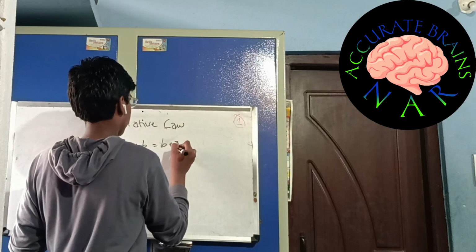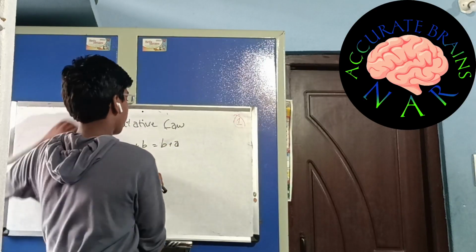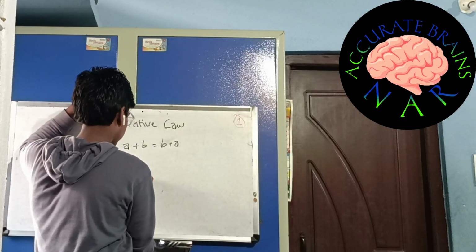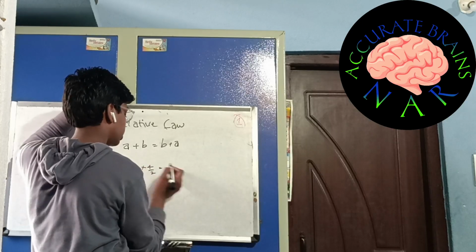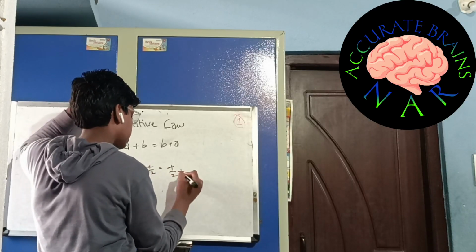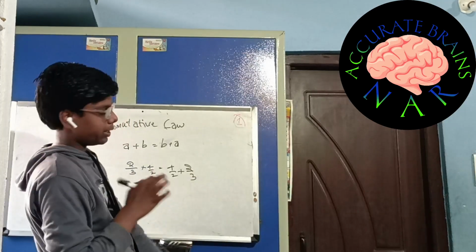This law is known as commutative law. For example, we take 2 by 3 plus 4 by 2, which should be equal to 4 by 2 plus 2 by 3.